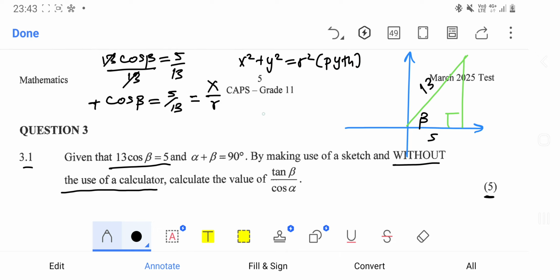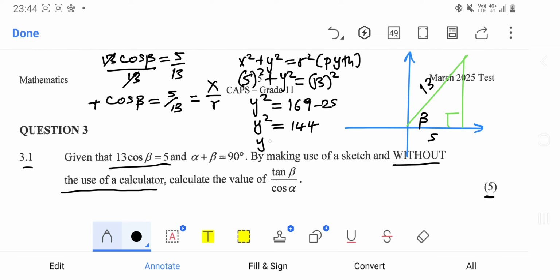We substitute: 5 squared plus y squared is equal to 13 squared. Then y squared is 169 minus 25, which is 144. So y is the square root of 144, which is 12. It means the opposite side there is 12.